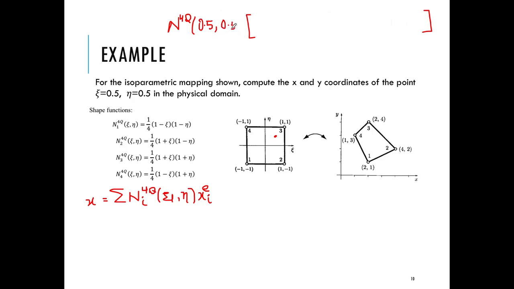Please excuse these random lines popping up. I still have not figured out how to get rid of them. If you know what's happening with PowerPoint, please do let me know. Okay, so let's calculate this.